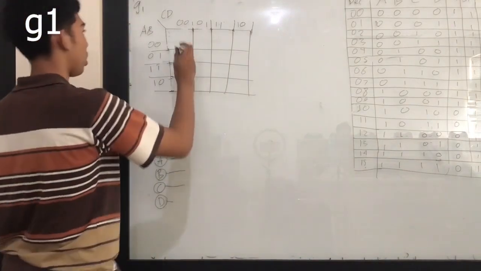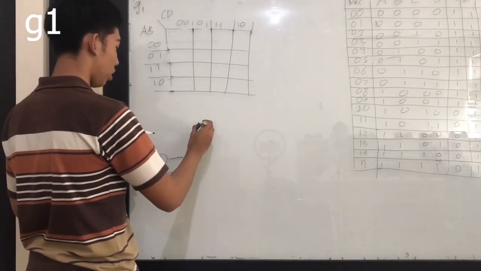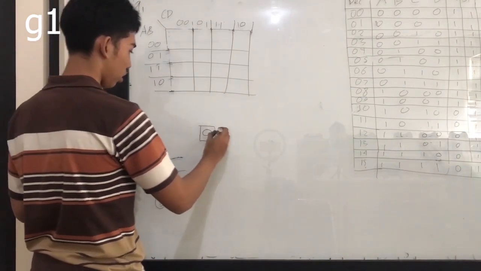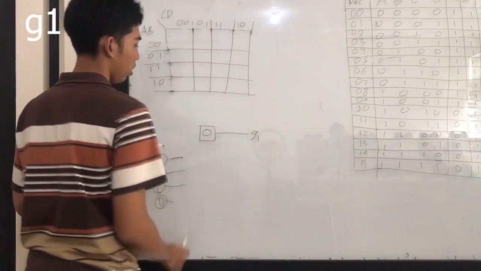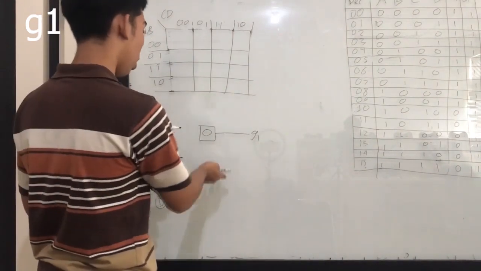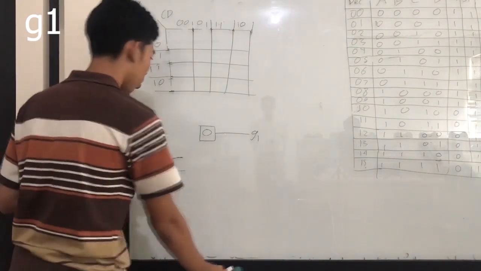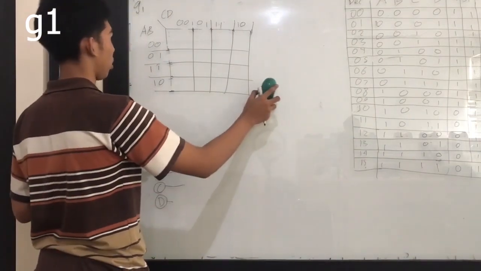So we just cannot simplify it, because for G1 it should be like this. This is 0 and G1. So that means that G1 is always 0, or 0 is equal to G1. Okay, that's concluded for G1. Now let's move on to G2.